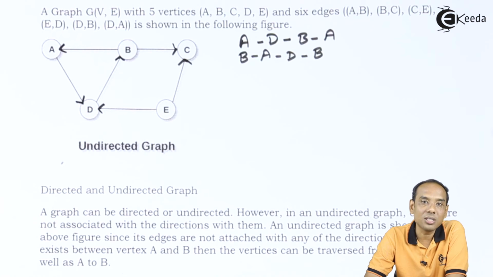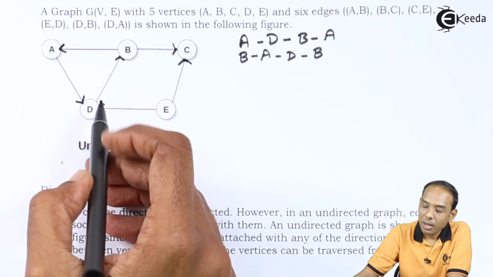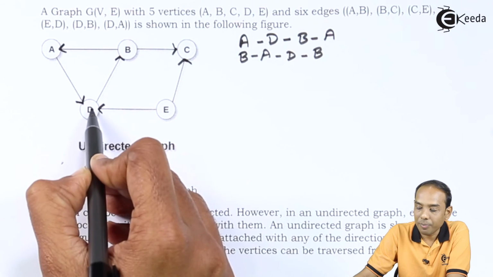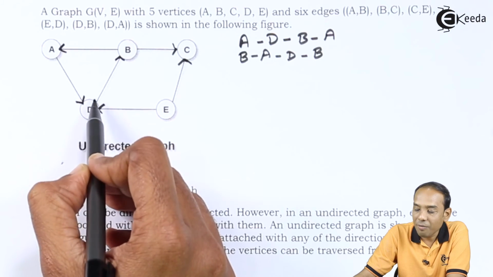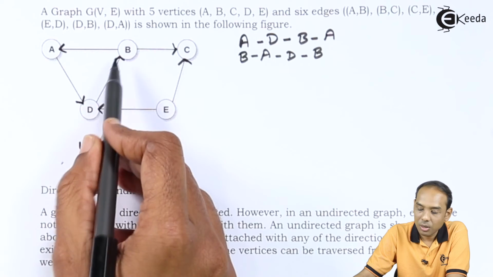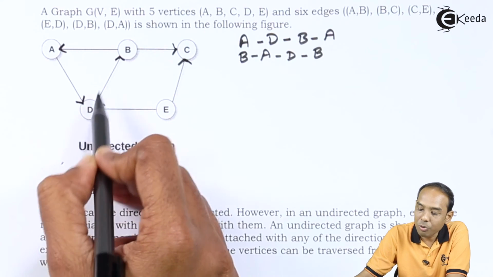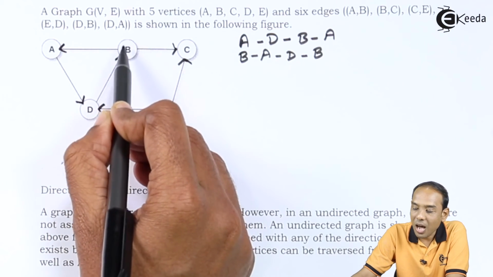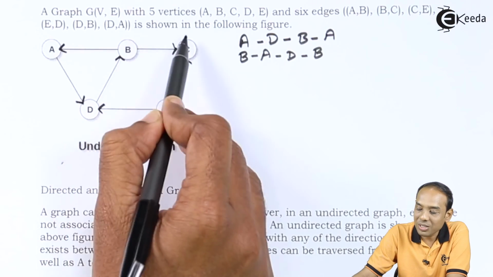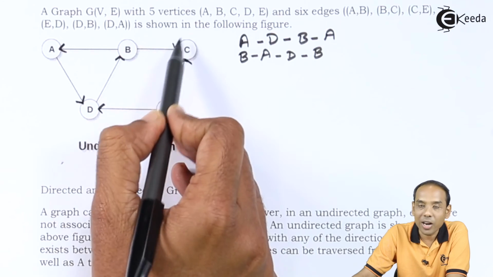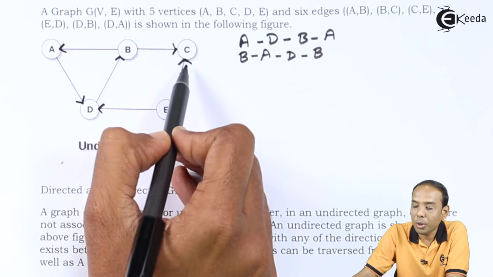Let us go to the vertex number 4, that is vertex D. In vertex D, there are two incoming edges and one outgoing edge. That is, from D, I can move to B. From B, I have two paths, B to C and B to A. As you can see diagrammatically, from C, there are no outgoing edges, only two incoming edges.